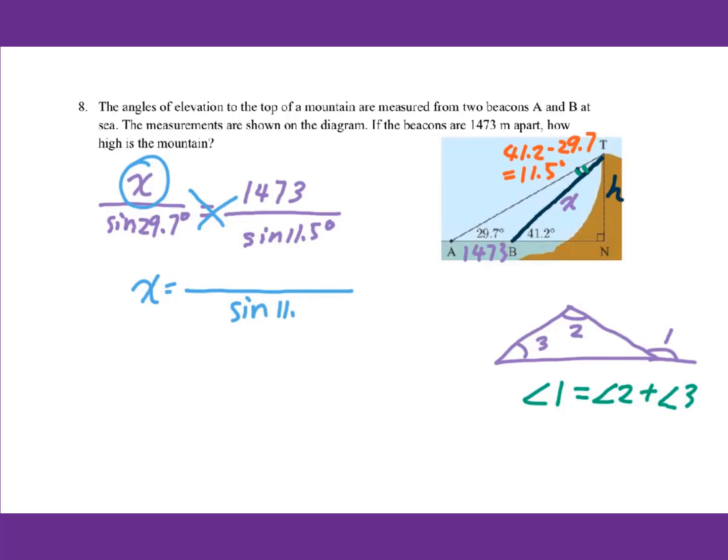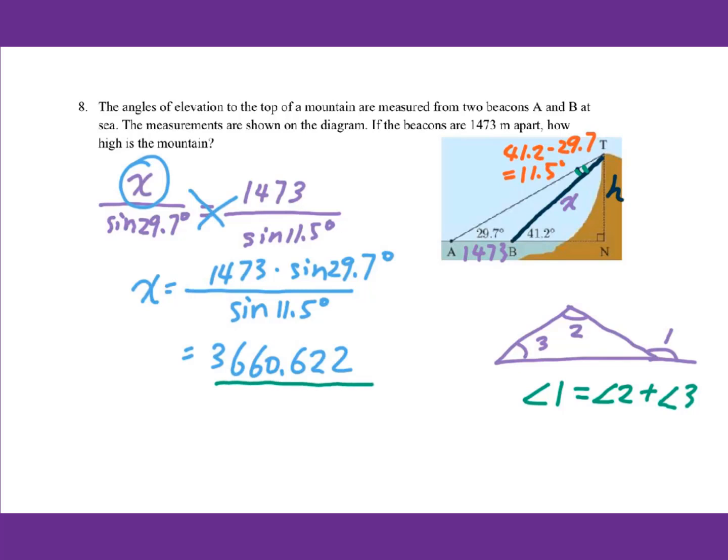Therefore, sine 11.5 degrees goes to denominator. Then we got 1473 times sine 29.7 degrees equals 3,660.622 meters for this x. Then we go to this right triangle. From now on, whenever you have a right triangle, use the sine law.